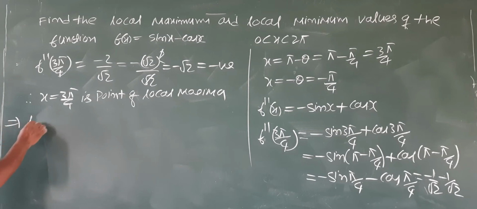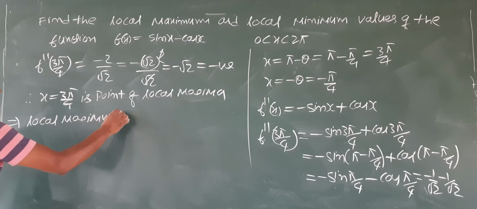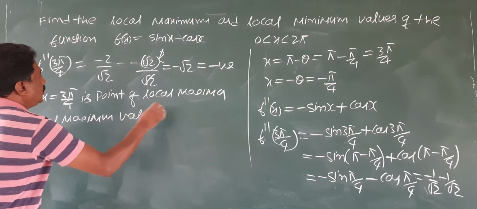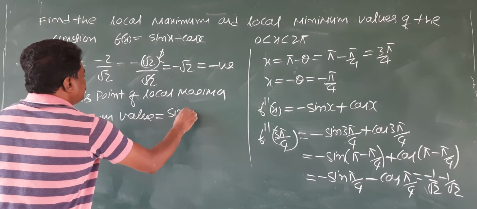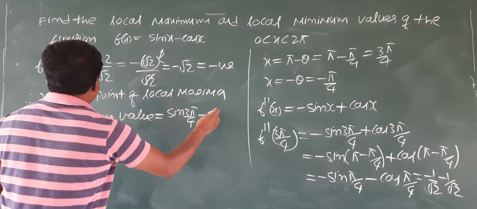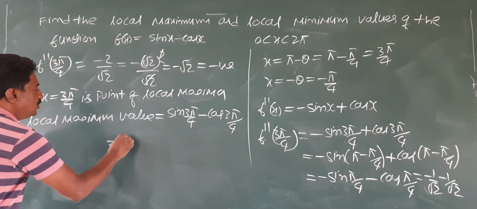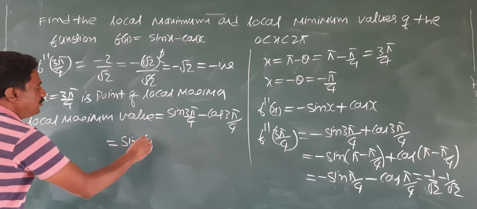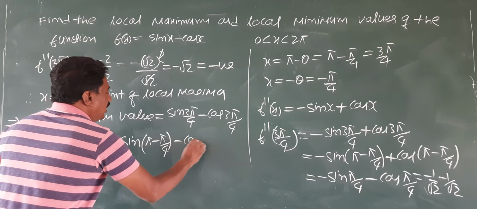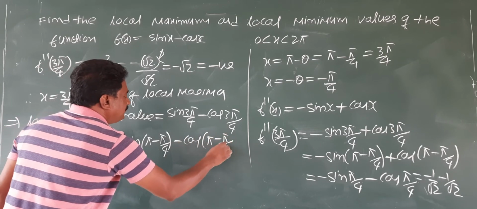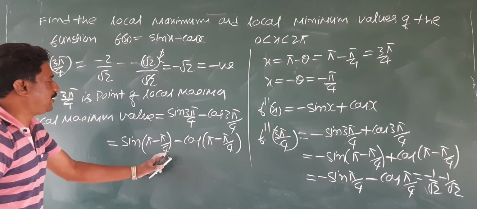Calculate the maximum value, students. The local maximum value is equal to, put that point in f x: sin 3 pi by 4 minus cos 3 pi by 4, which is sin of pi minus pi by 4 minus cos of pi minus pi by 4. You write 3 pi by 4 as pi minus pi by 4.